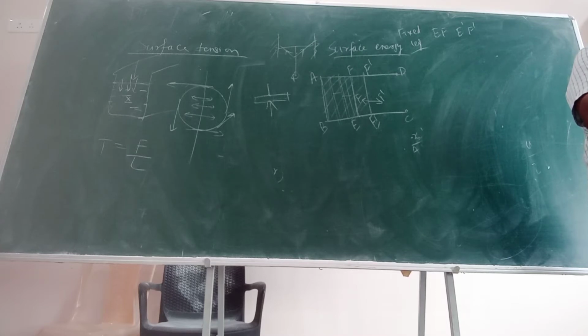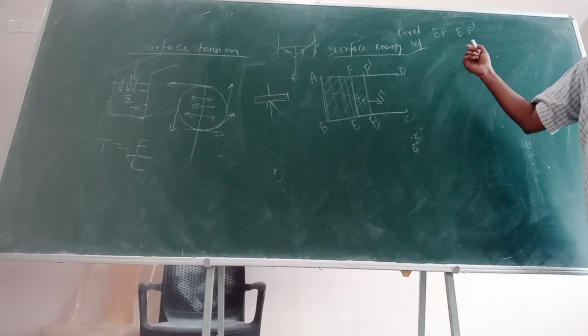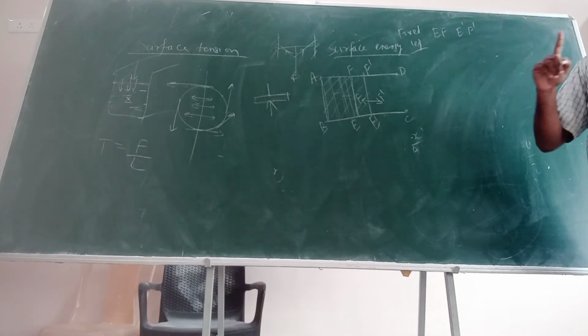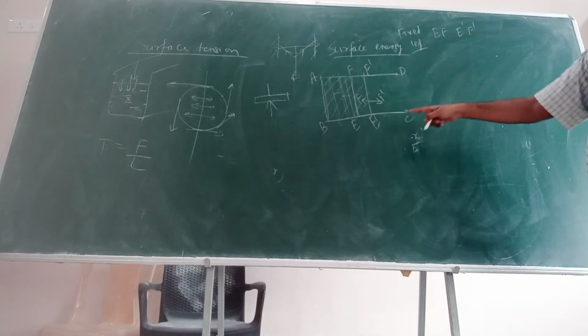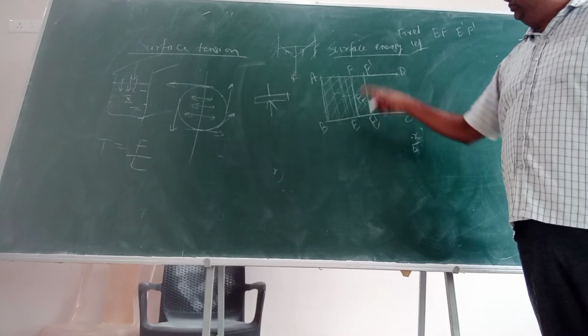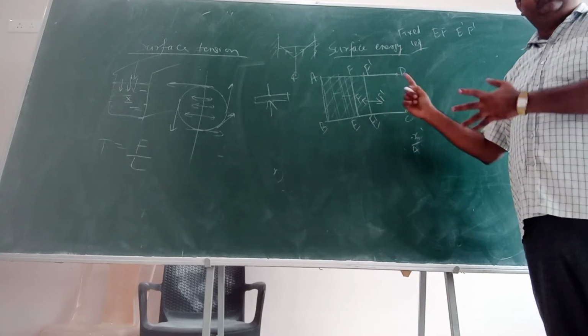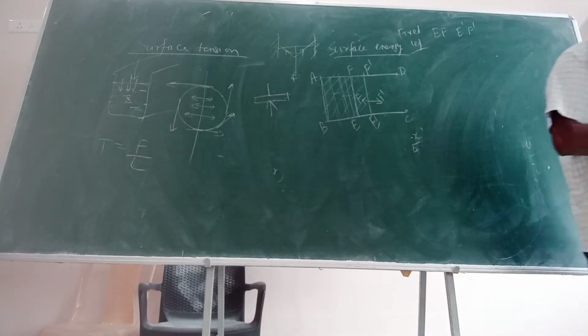Either magic happened, or someone did some work. There is no possibility of magic here, so someone did some work. And that work has been done against the surface tension, which is not allowing this to happen. Clear? So you can assume that from EF to E dash F dash the frame got moved and some work is done.